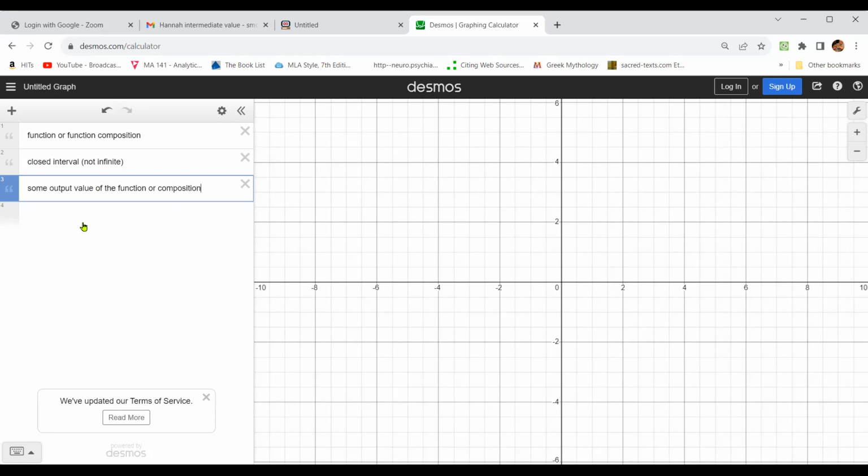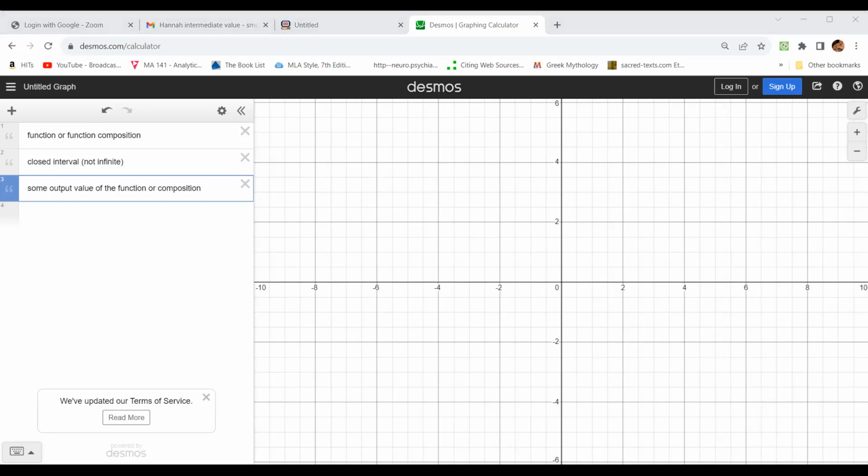Those things will generally be given to you. I'm going to go back to the screen share in a minute. So the function, the closed interval, and some output value of the function or composition. All right.